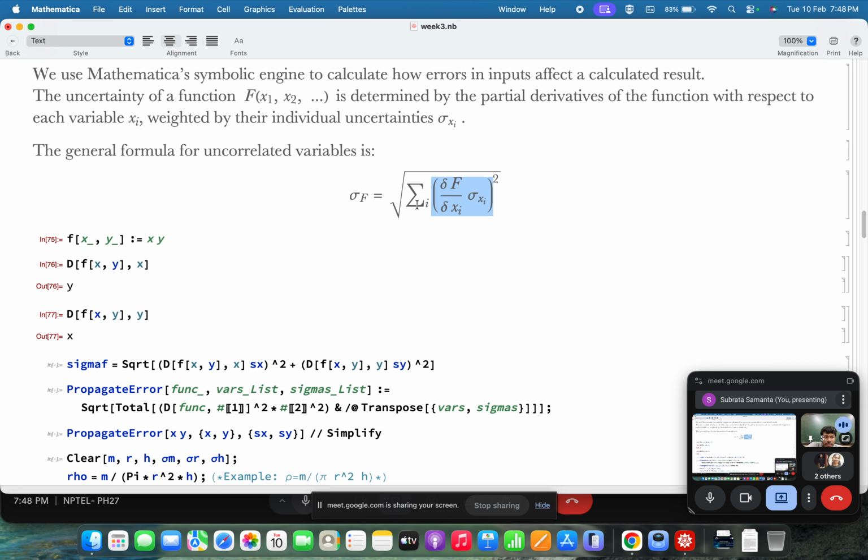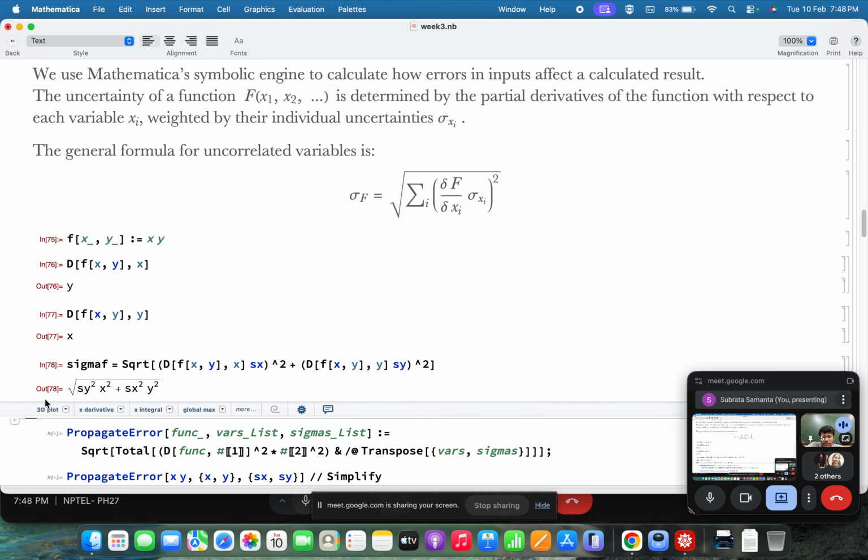For the second variable I have the derivative of f of x, y with respect to y, because my x2 is y, and then the standard deviation of this is s y, and then the whole squared.